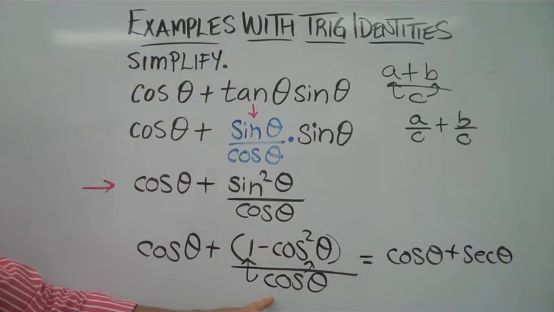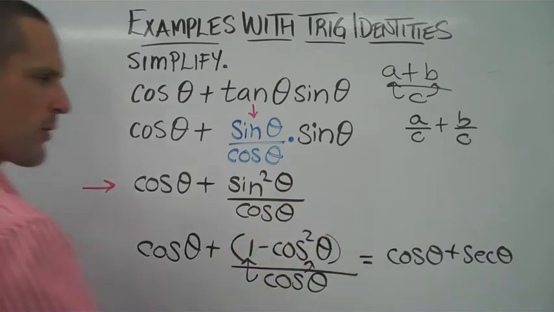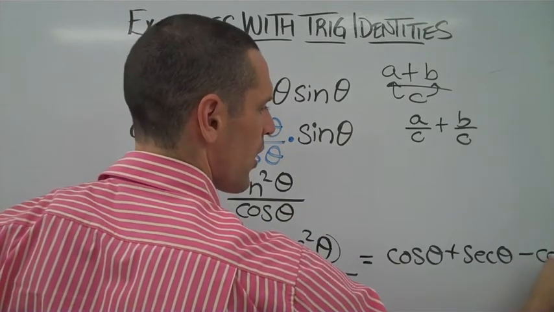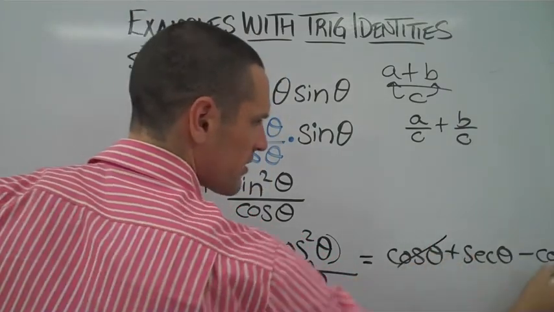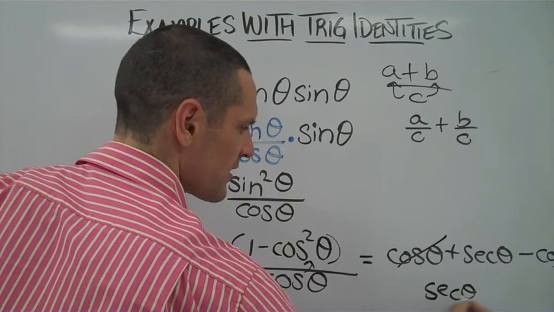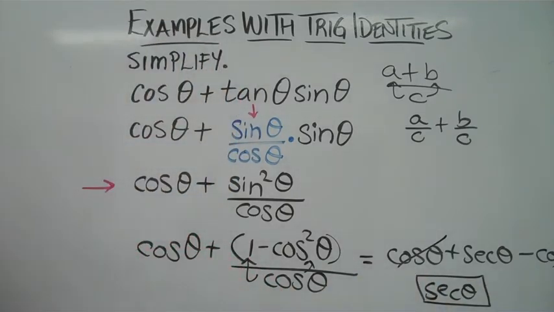Negative cosine squared theta over cosine: cosine squared over cosine, they'll cancel off, and we'll be left with minus cosine theta. What's cosine theta minus cosine theta? These will cancel off, and we're left with secant theta. So yes, I have been able to simplify.